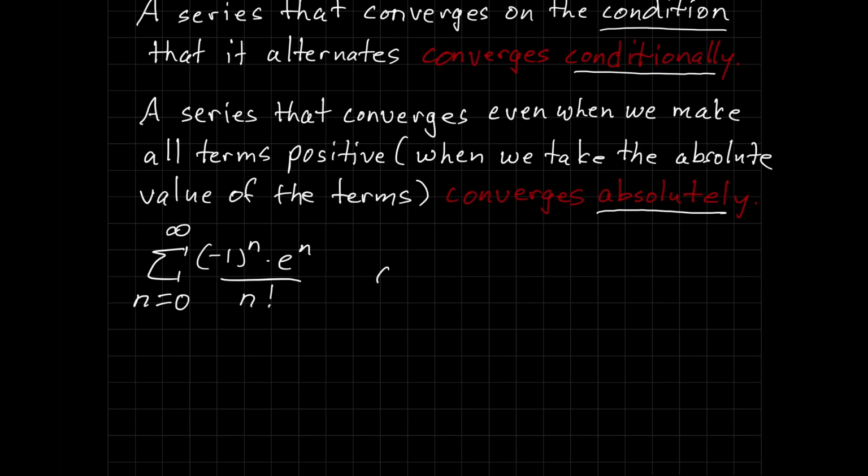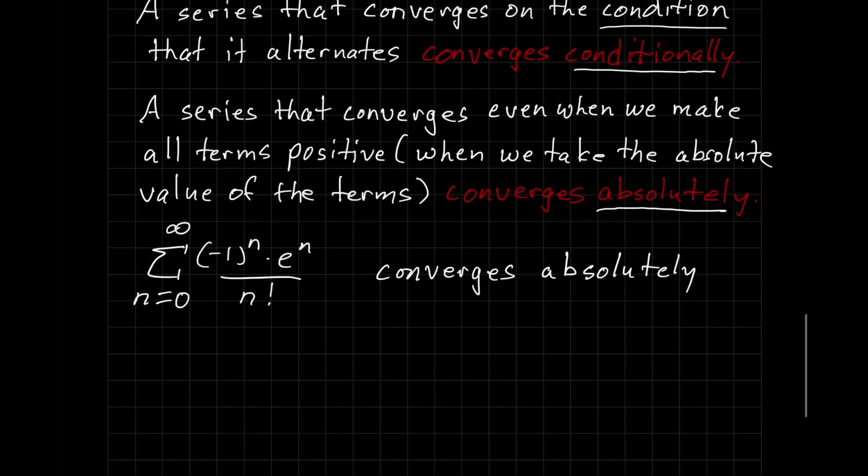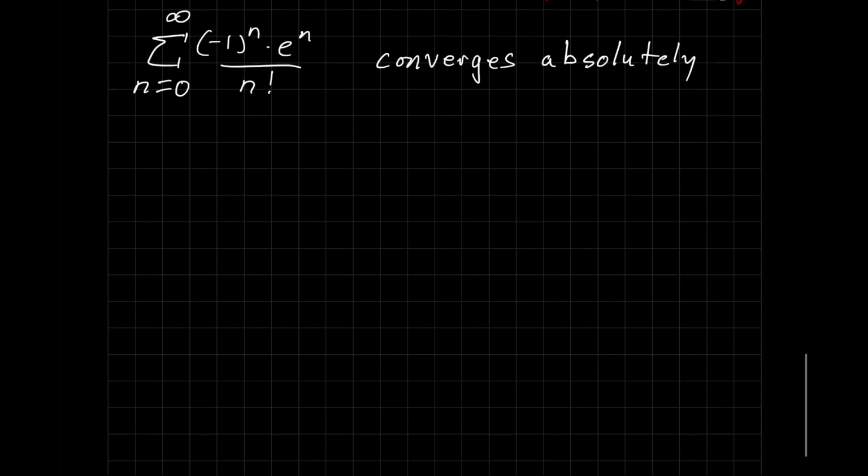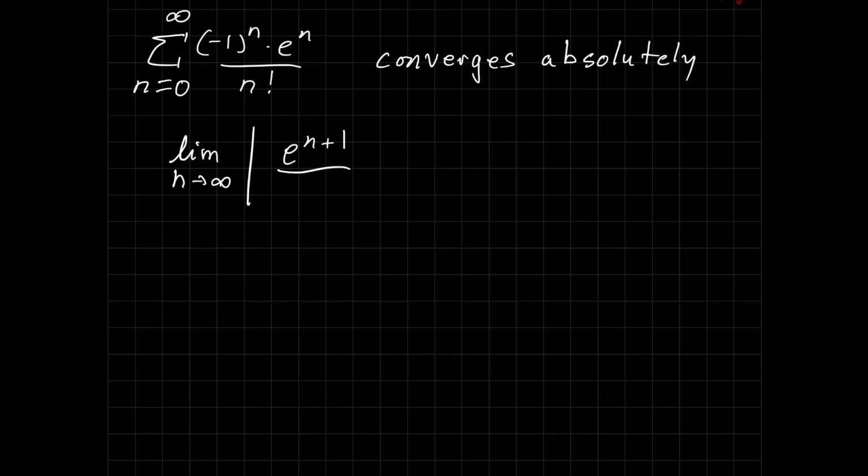So I know that this converges. But I also know that this will converge even if it didn't alternate. So that series will converge absolutely. If you want a hint, I guess I'll get you started. This would be the ratio test.